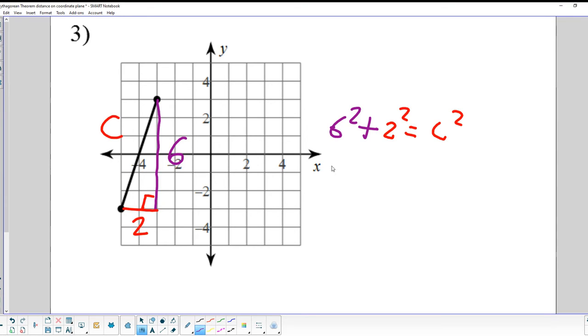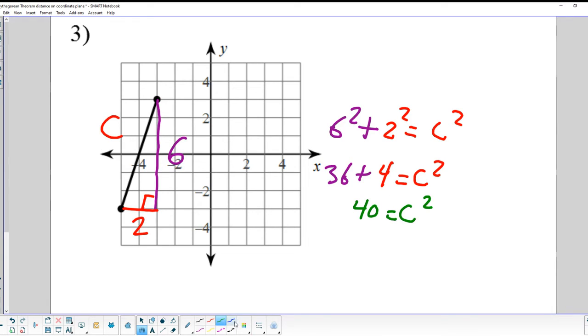Okay, so 6 times 6 is 36, and we're going to add that to 2 squared, which is 2 times 2, or 4, and all of that is going to equal c squared. 36 plus 4 is 40, and all of that equals c squared.